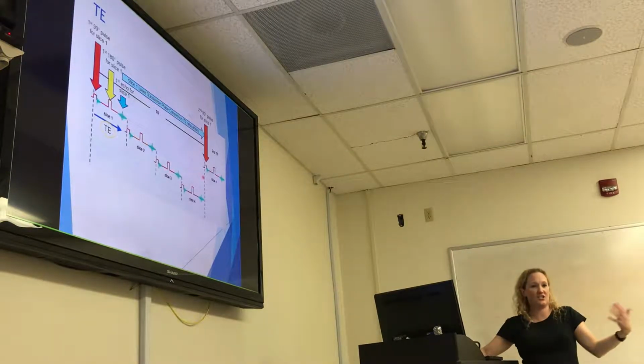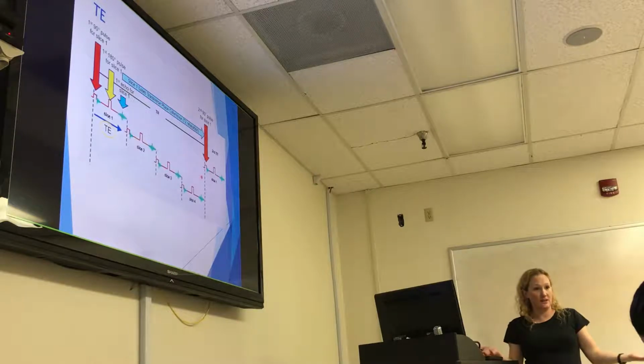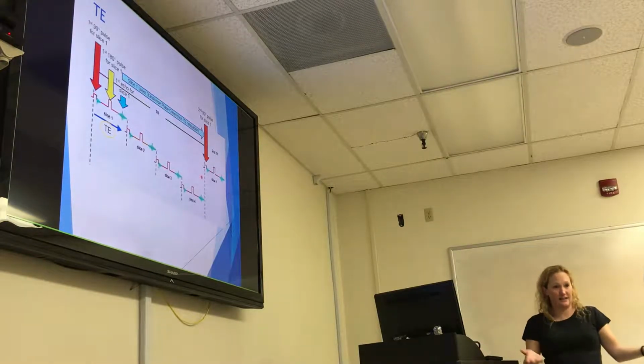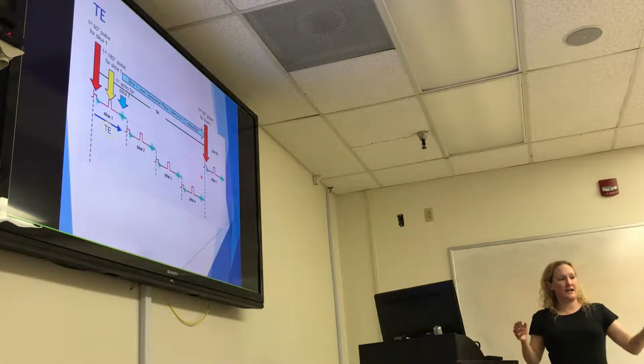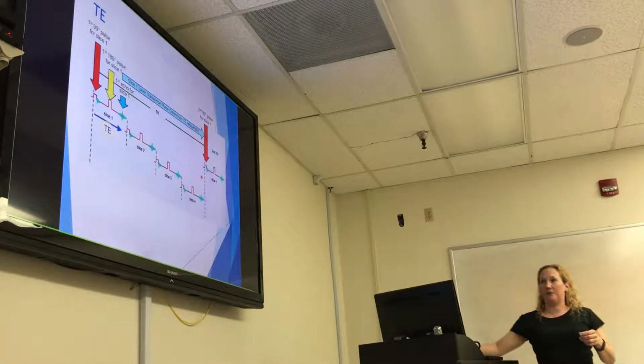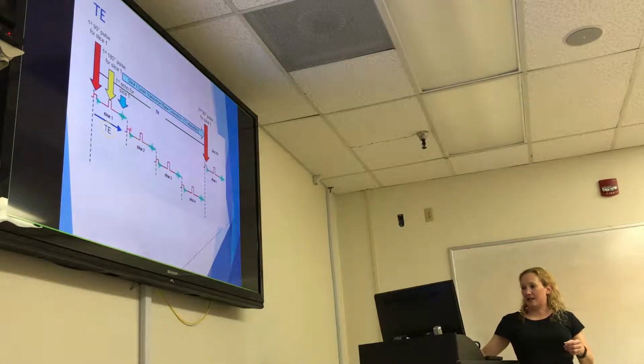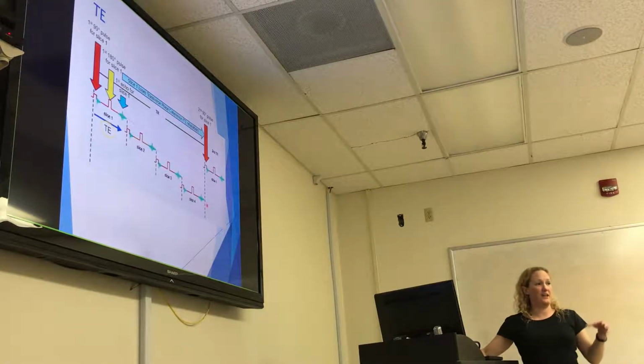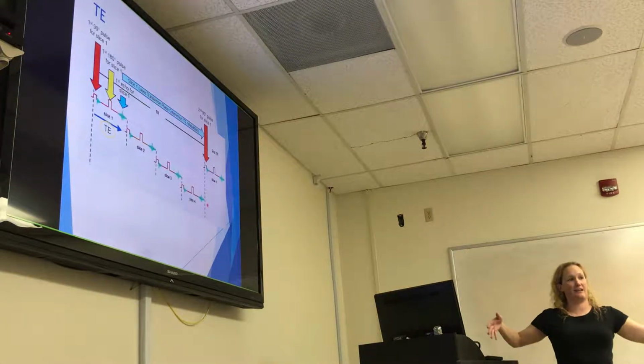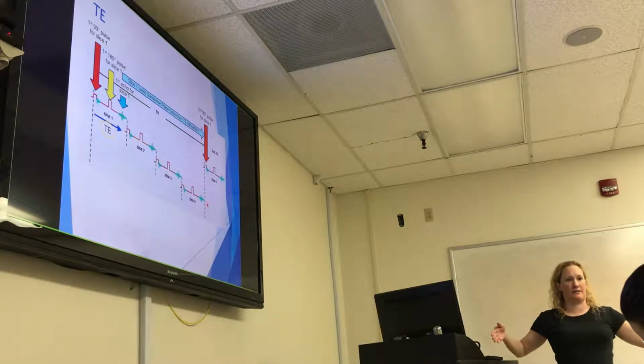We have to excite each slice in our TR. So if we're exciting it, we have to collect an echo, or we're not getting any signal. So we're exciting it, we're collecting our echo, then we move on to slice 2, we excite it, we collect our echo. And so multiple TEs within the larger length of our TR, depending on how long that is.